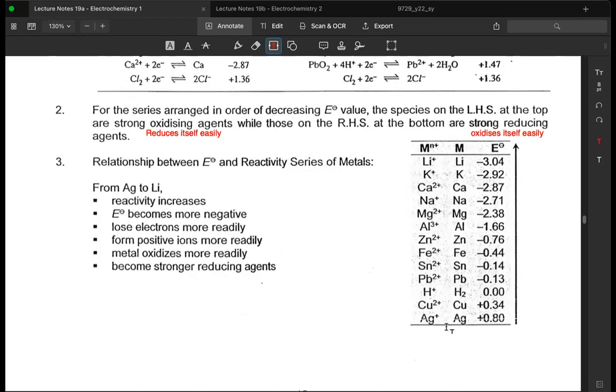So this is the true story. From silver to lithium, the reactivity increases. Lithium and the like are the most reactive metals, then the E0 becomes more negative. More reactive means loses electrons more easily, so they are stronger reducing agents themselves, so they oxidize easily.